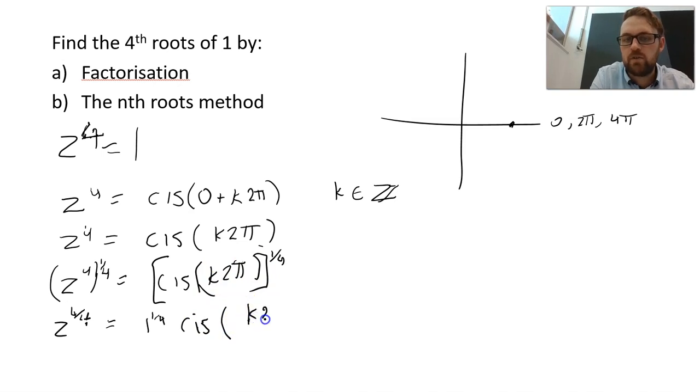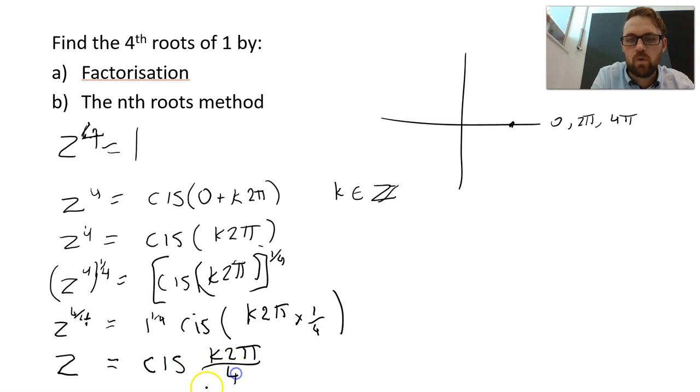So k 2 pi multiplied by 1/4. z to the power of 1, 4 and 4 just becomes z to the power of 1, just z. 1 to the power of anything is just 1. We're going to get cis of k 2 pi over 4.